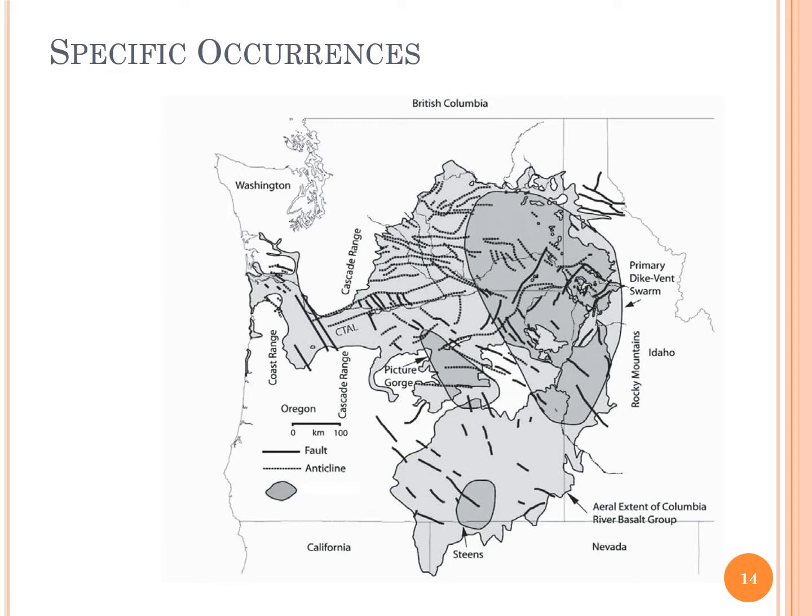Once again, you can see that the extent of the basalts, as I pointed out, is mostly in this corner of southeastern Washington, a little bit of Oregon, but there is this interesting area down to the south of Oregon in the Steens area. We'll talk about the importance of that a little bit later on, but I also want to point out where it says the primary dike and vent swarms.